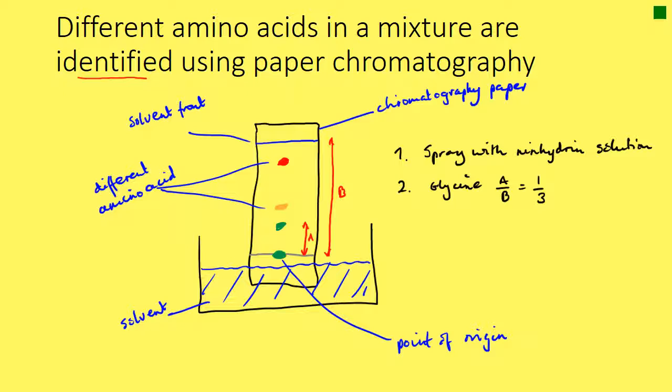And so in a given time, each of the amino acids is going to have traveled up the paper a different distance. Alright, so let's say that's one amino acid, and let's say this was another of the amino acids, and one amino acid got right up there. And each of these corresponds to a different amino acid.